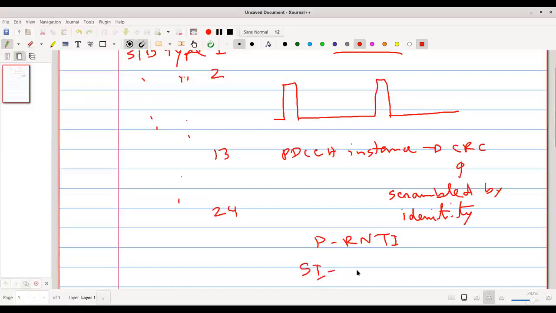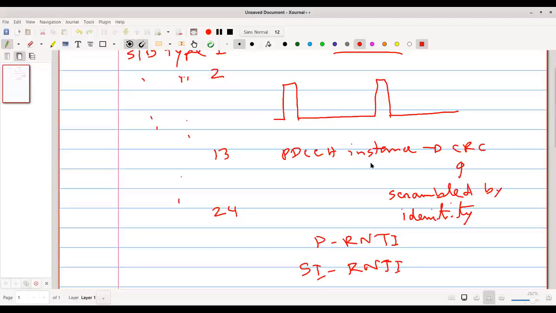And when the network is sending some system information, it uses a fixed value, which is called SI-RNTI, system information RNTI. They have fixed values. In my book, I also mentioned what those values are. For C-RNTI also, there is a range of values, within which you have to pick one. Anyway, when the phone finds that the CRC is scrambled by P-RNTI, then it knows that some paging message has been transmitted.